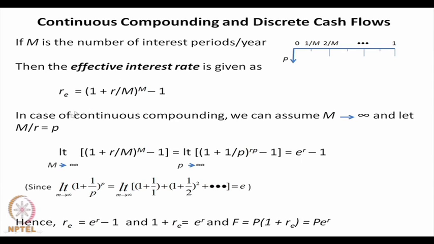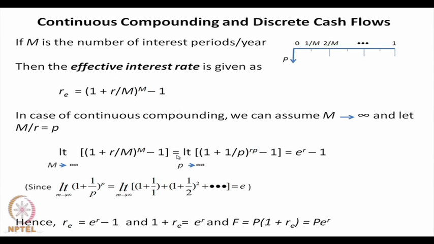Now, if we assume continuous compounding, it means that m, the number of times the interest is compounded, can go to infinity. Now, let m by r be defined as p. So, what happens to this quantity (1 plus r by m) to the power m minus 1, that is R e, limit m tends to infinity?